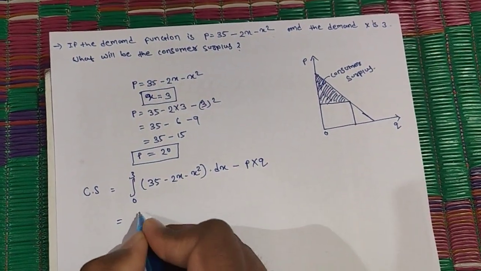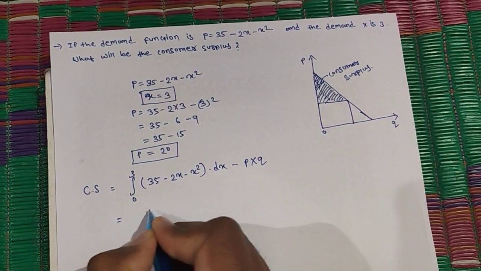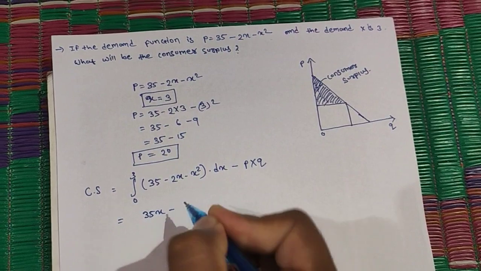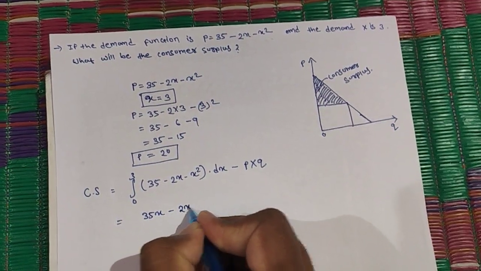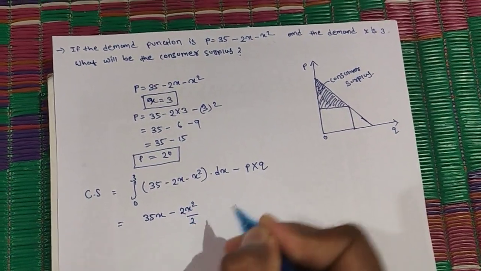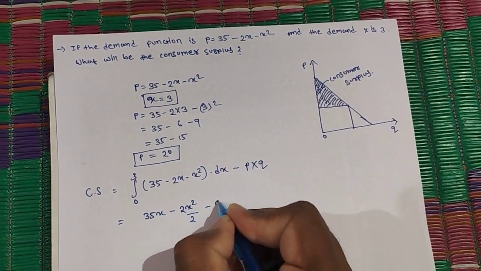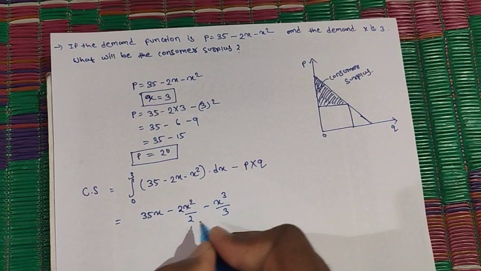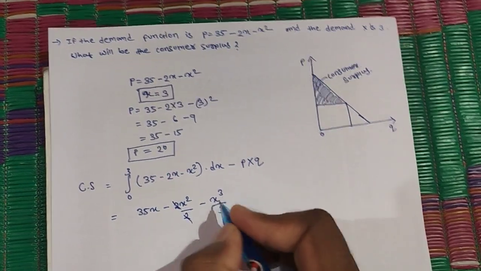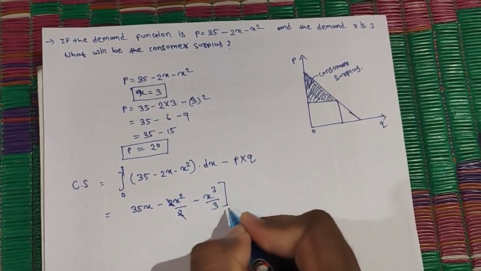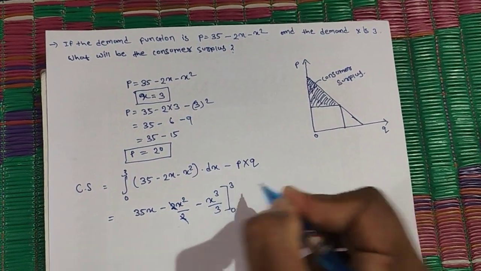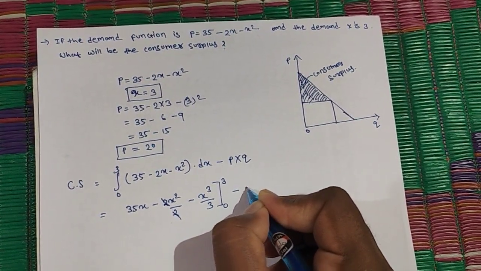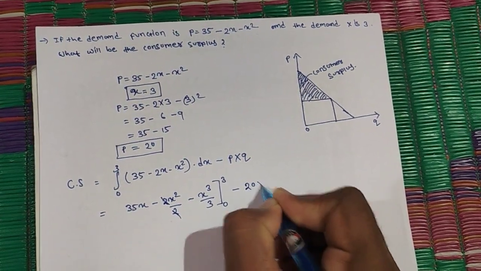How to do the integration? Now 35x minus 2x square upon 2 minus x cube upon 3, from 0 to 3, minus price into quantity, where price is 20 into quantity 3.